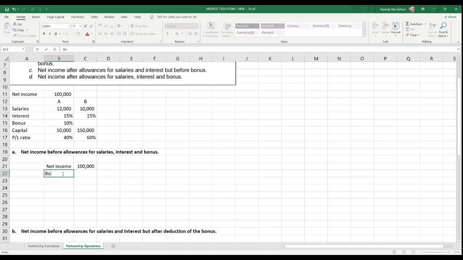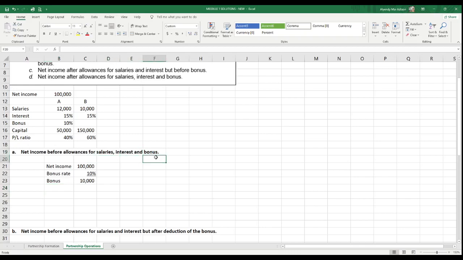You simply multiply it by the bonus rate. For this problem, the bonus rate is 10%. So, how much is the bonus? 100,000 times 10%, so you have 10,000 pesos. It's as easy as that, before the deduction of salaries, interest, and bonus.